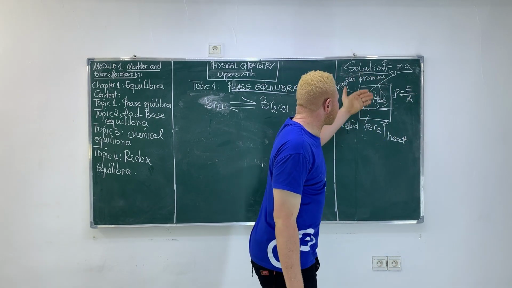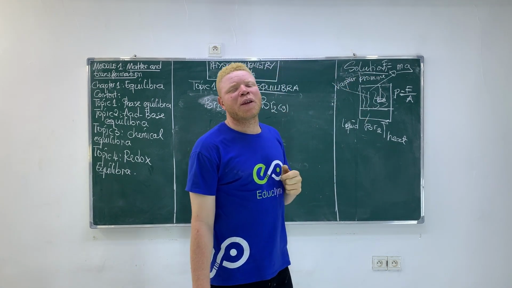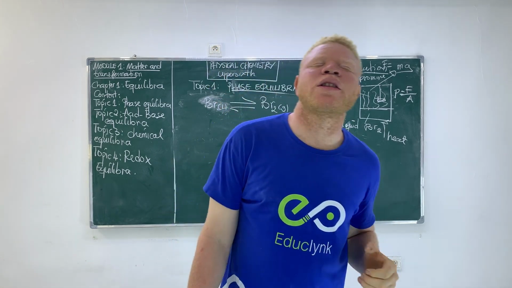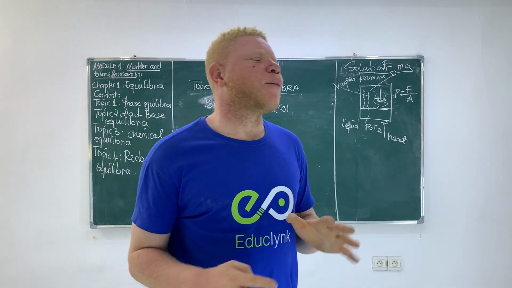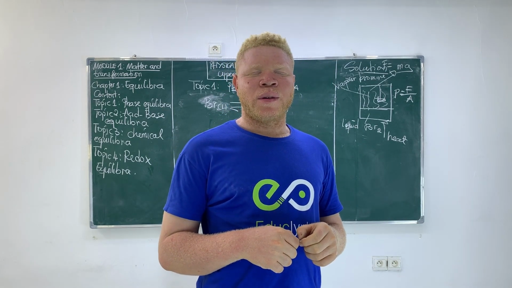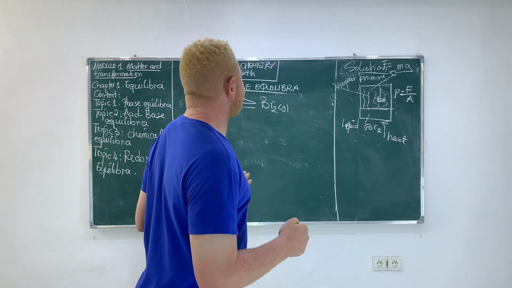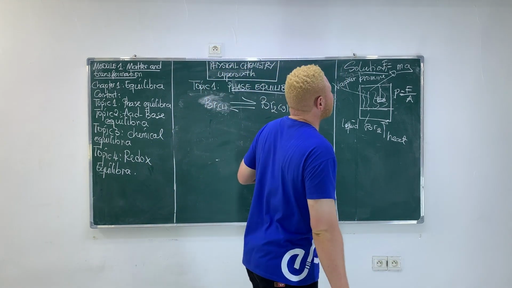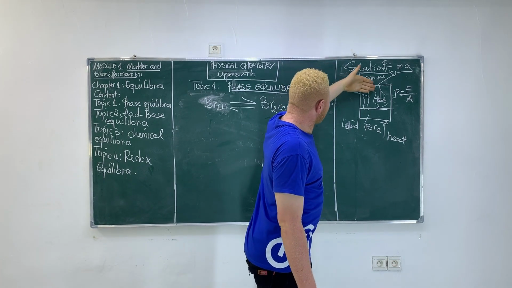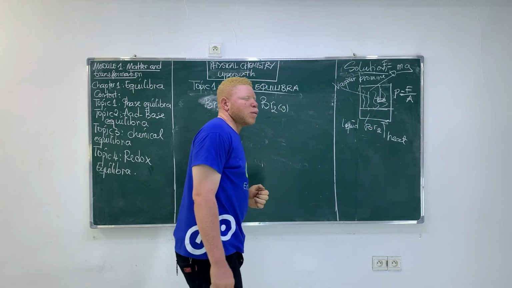So this pressure exerted by the vapor on the liquid is called vapor pressure. The vapor pressure is the pressure exerted by a vapor on its own liquid when the system has attained equilibrium.